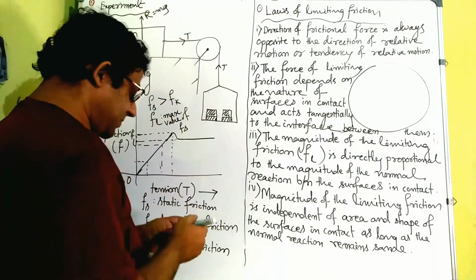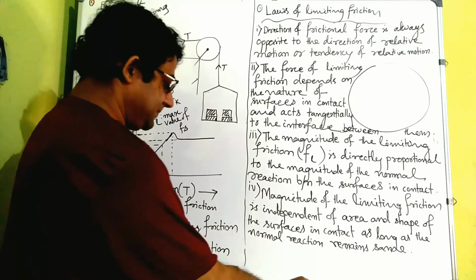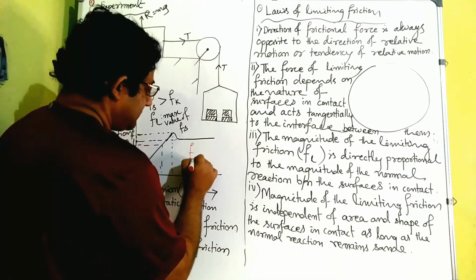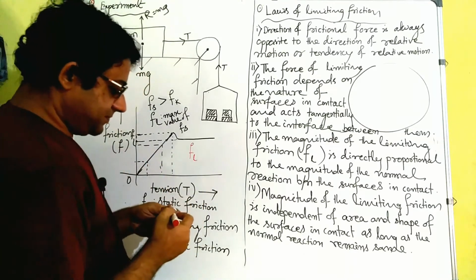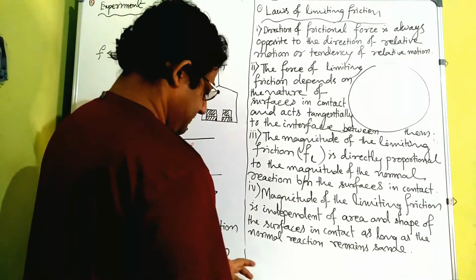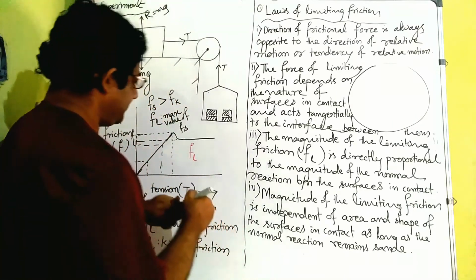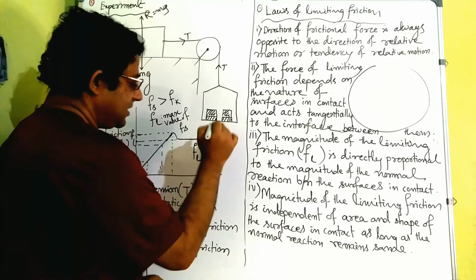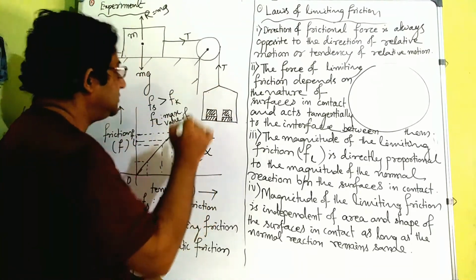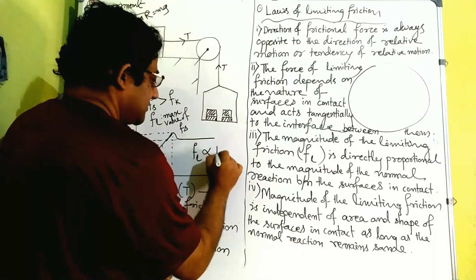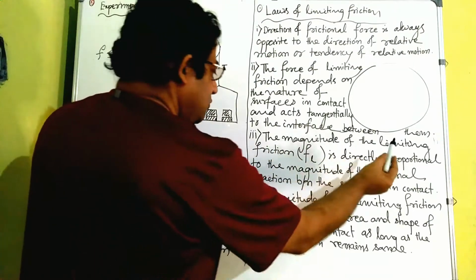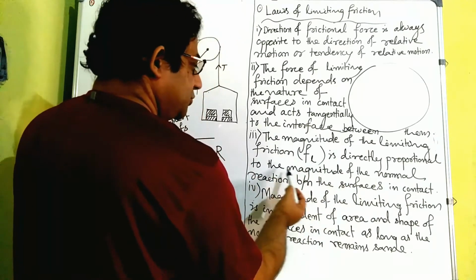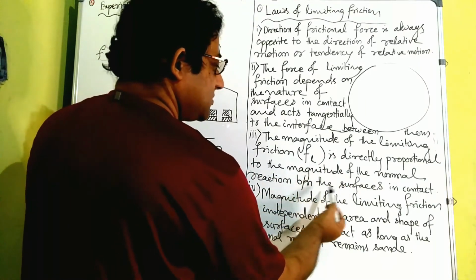And from this experiment, it is also found that the limiting friction is directly proportional to the normal reaction. The magnitude of the limiting friction, FL, is directly proportional to the magnitude of the normal reaction between the surfaces in contact.